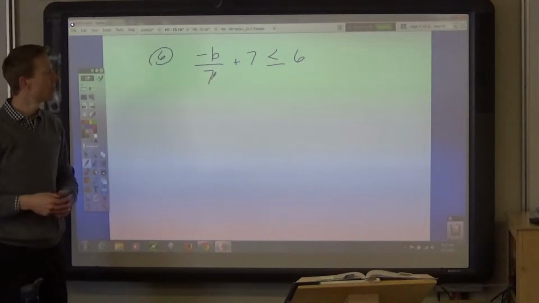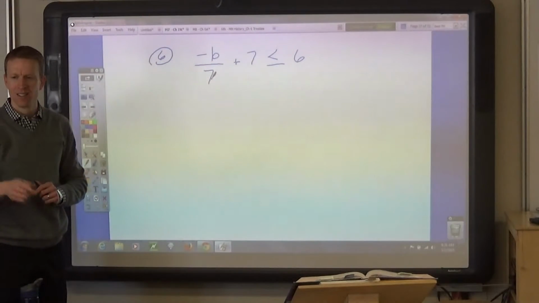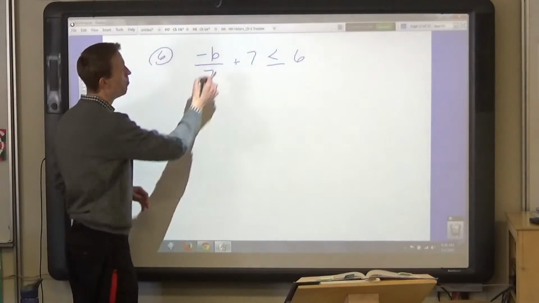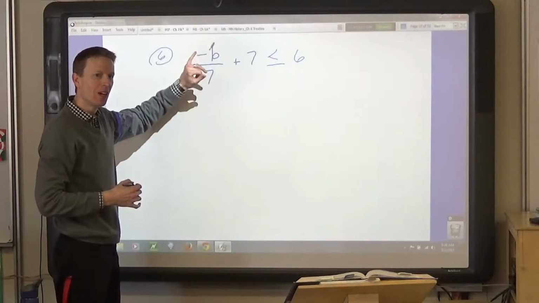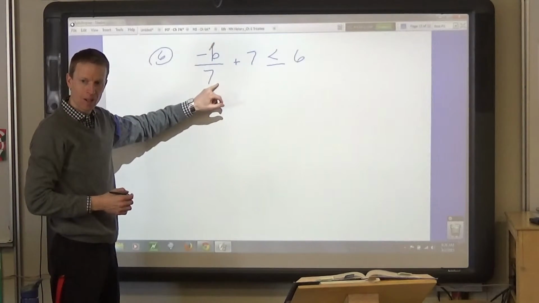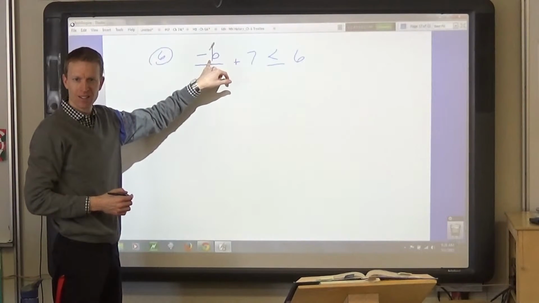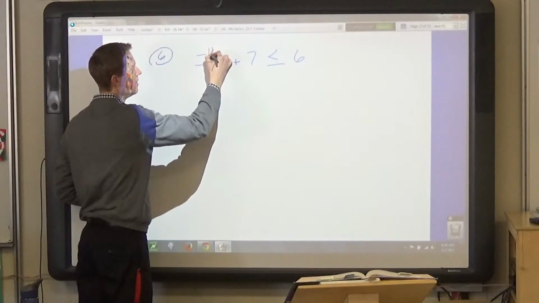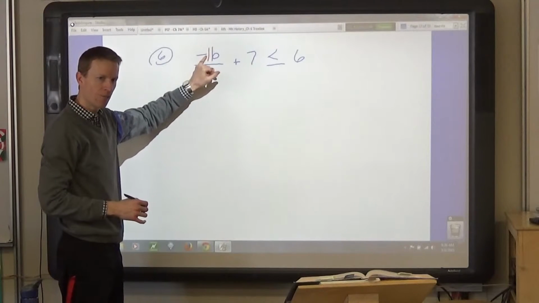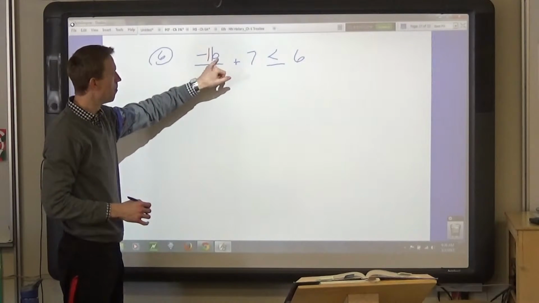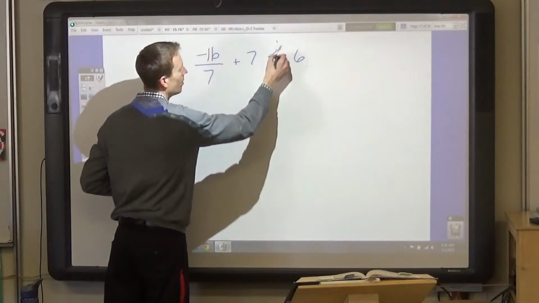So what is our coefficient? Negative b over 7. Is b a part of the coefficient? No. The coefficient is just the number. What number could go in front of the b? 1. This is negative 1/7 times b, or negative 1 b over 7, right?